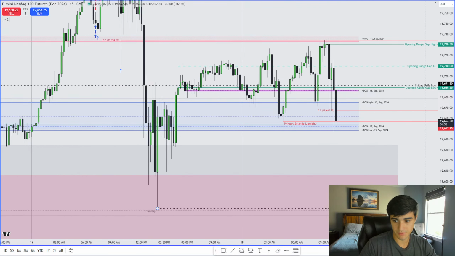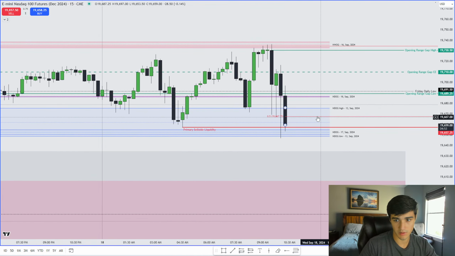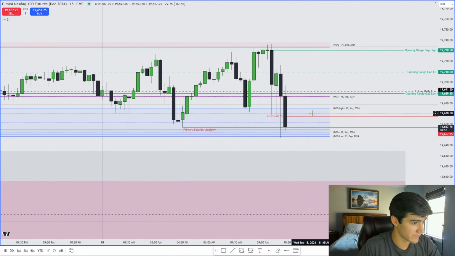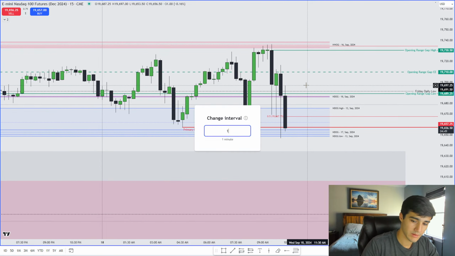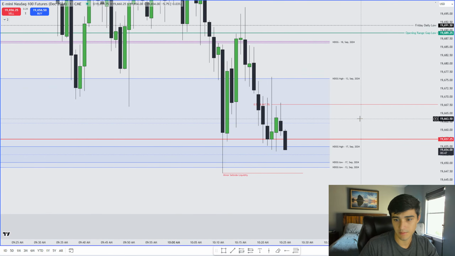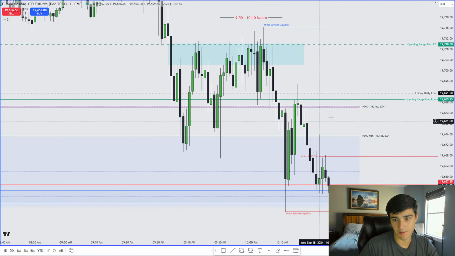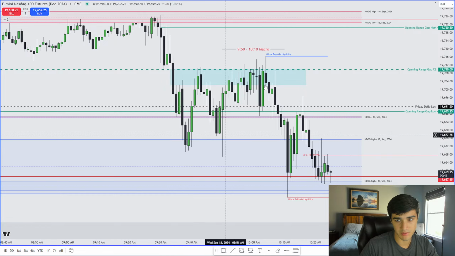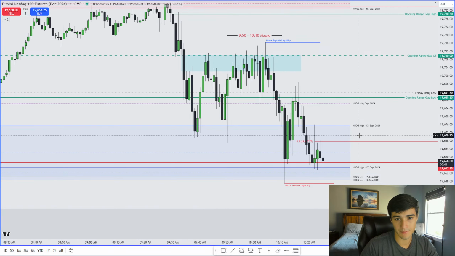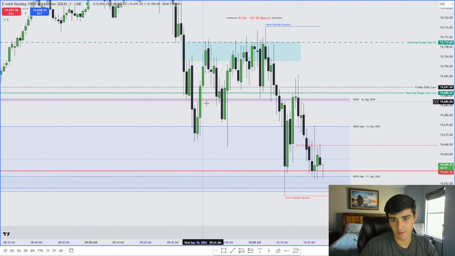You could reach into Tuesday's low, but I don't know if that's reasonable given that we have FOMC later today. I think it's more likely that we probably stay in a range, but from the 9:30 open, we traded lower and haven't done anything but trade lower since then.